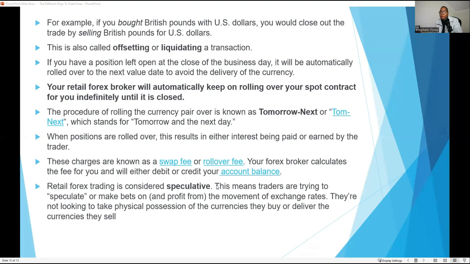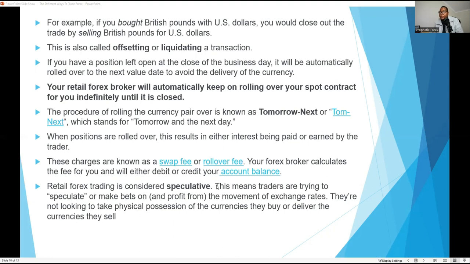Now we want to talk about why they will charge you those swap fees. The procedure of rolling a currency pair is known as tomorrow next, or Tom next, which means for tomorrow and the next day. When positions are rolled over, the result is that interest is either paid or earned by the trader, and these charges are known to many of us as a swap fee or a rollover fee.